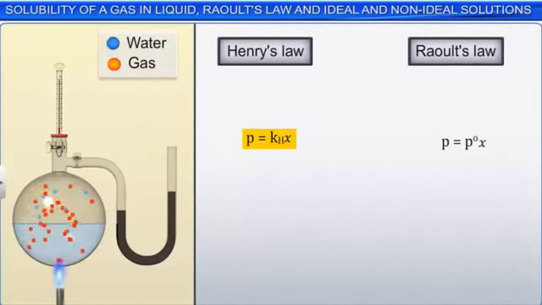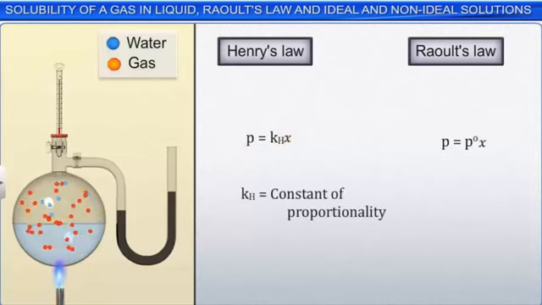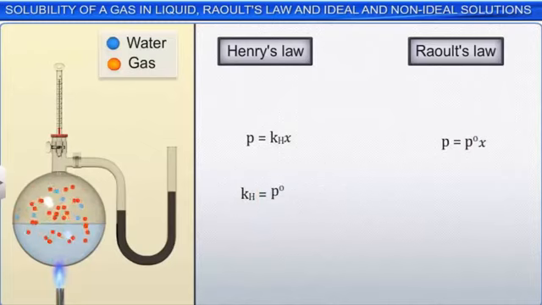As can be seen from the equation, the partial pressure P of the highly volatile component or gas is directly proportional to the mole fraction x, and kH is the constant of proportionality which can be equated to P naught. In other words, we can say that Raoult's law is a special case of Henry's law.